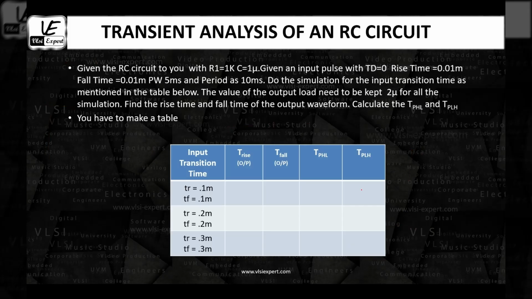Now I'm showing you another example wherein I've changed a few things. Now I'm not asking you to change the load value here, right? What I'm asking you to change is the pulse signal, right? So at the input, you are applying a pulse signal, and I am asking you to change the rise time and the fall time, both, right?